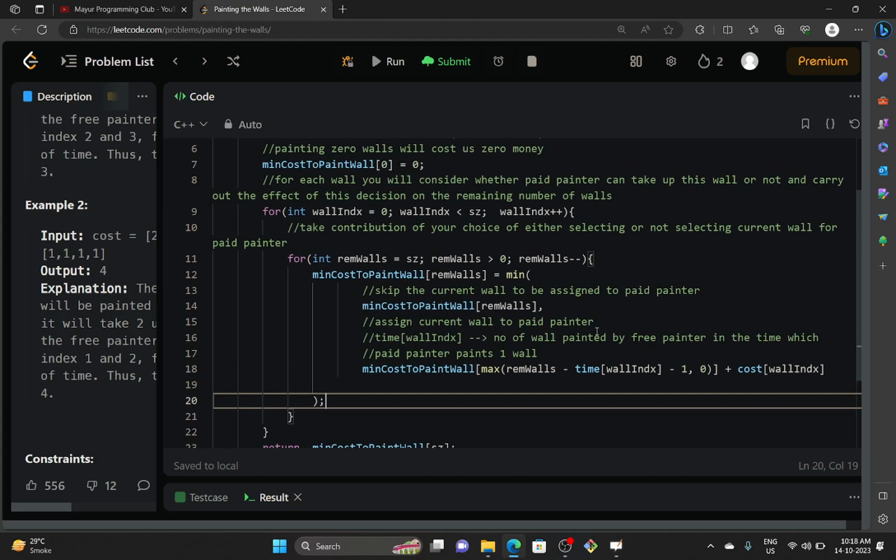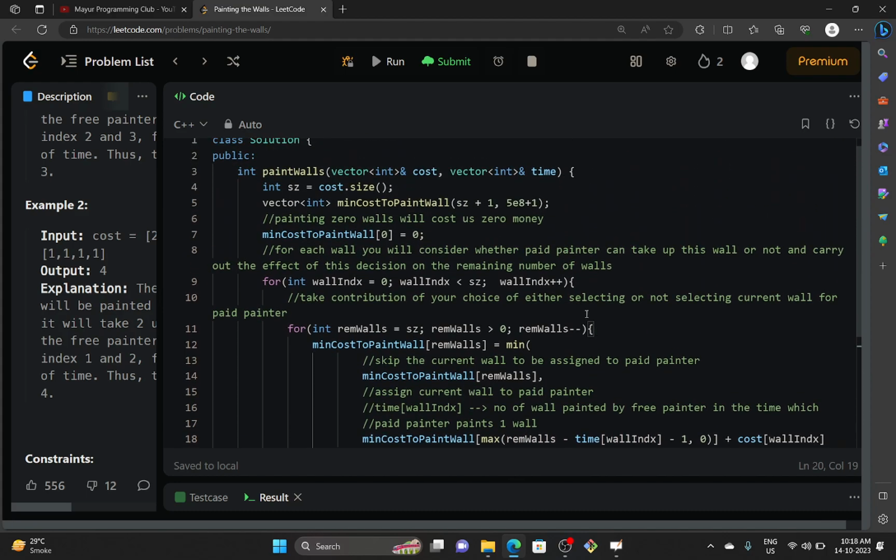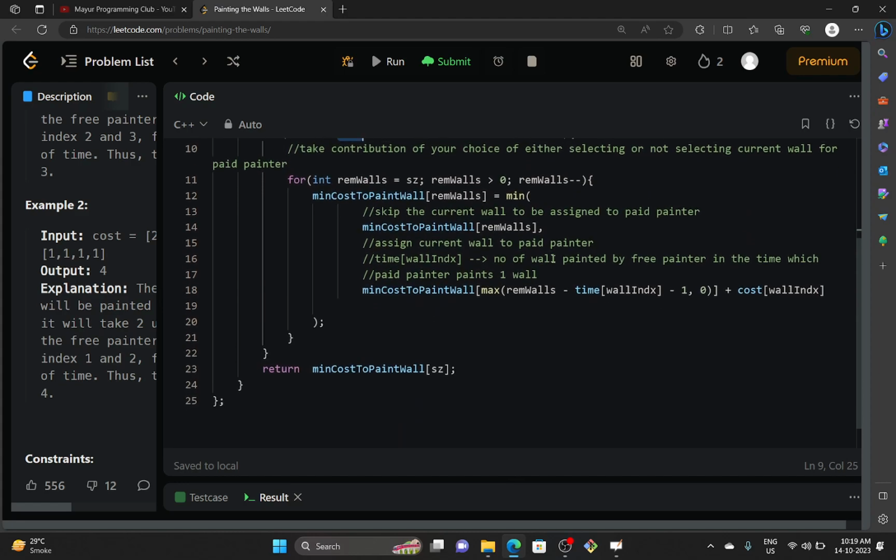Another change that I have done here is, instead of max integer value, I have taken this value that we discussed, which can be the maximum cost. And let's try to submit for the sample test cases.